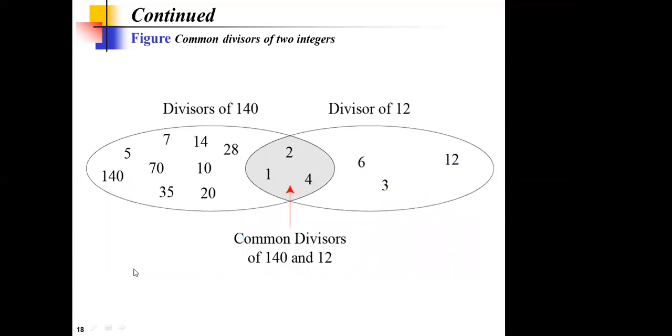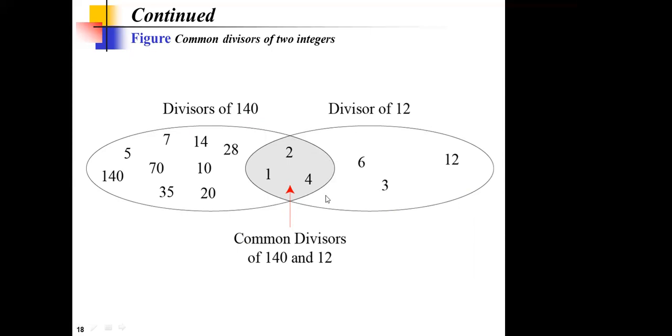Which is important in cryptography, that is the GCD operation. So we have common factors of 140 and of 12. The factors of 140 are 1, 2, 4 and others, and the divisors of 12 are 1, 2, 4 and others.